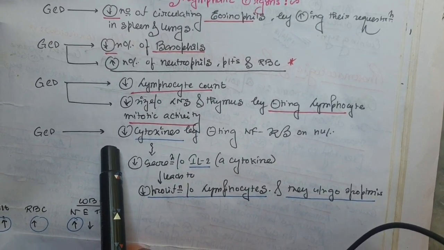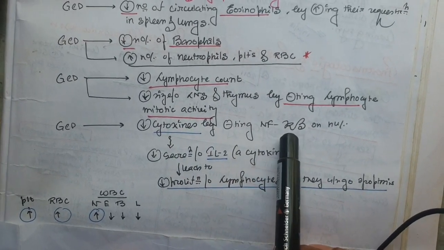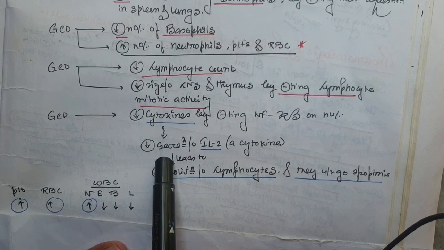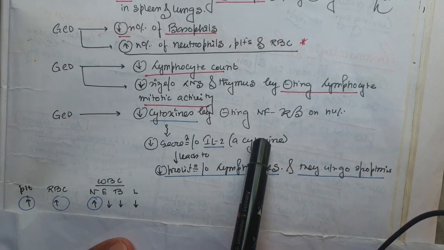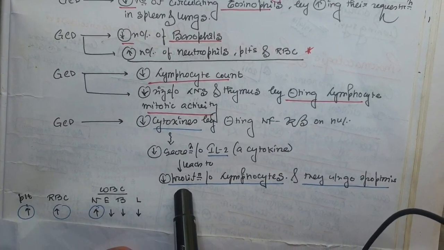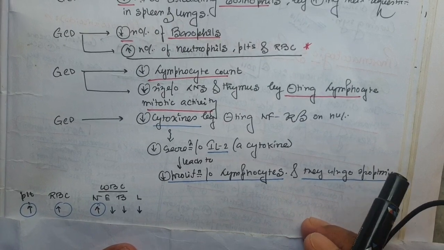Next point, glucocorticoids also decrease cytokines by inhibiting nuclear factor kappa B in the nucleus, by which the secretion of interleukin 2, an important cytokine, is decreased, and therefore it leads to decreased proliferation of lymphocytes and they undergo apoptosis.